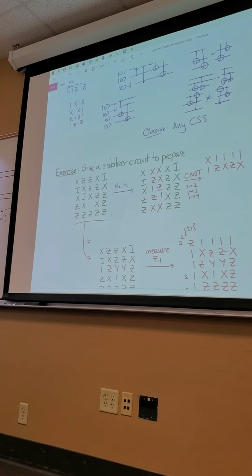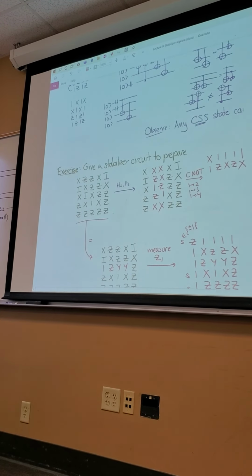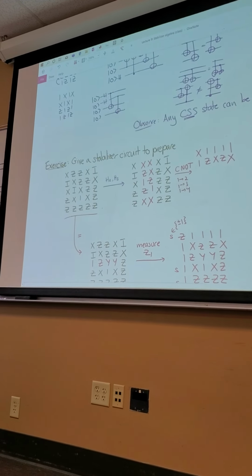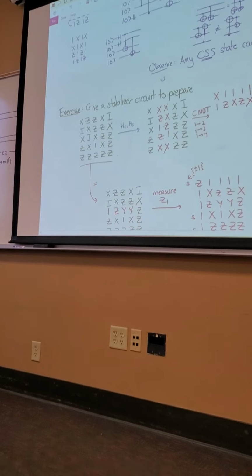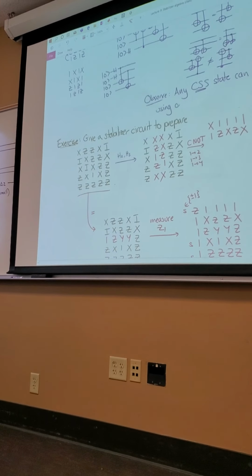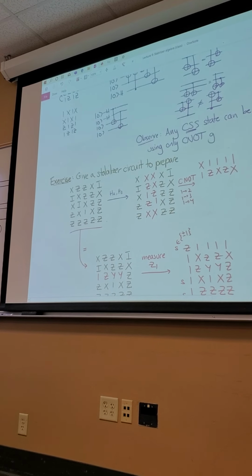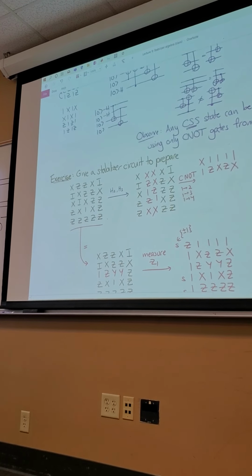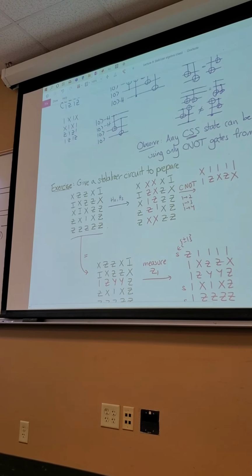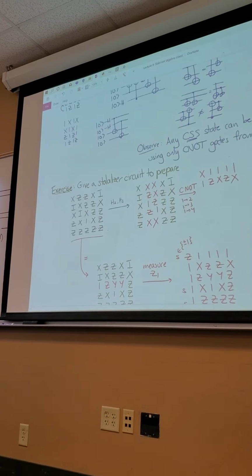The CSS state can be prepared using only control-not gates, starting from ket plus tensor something, ket 0 tensor whatever remainder.